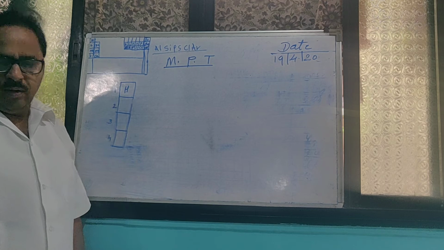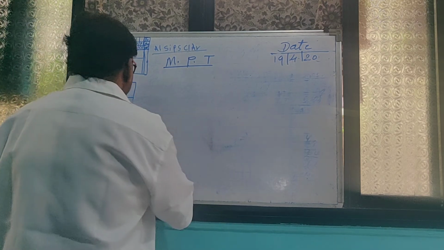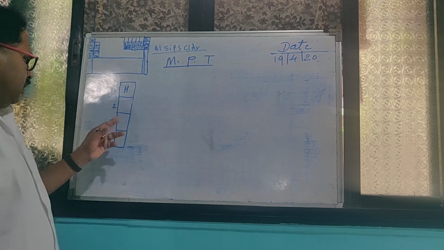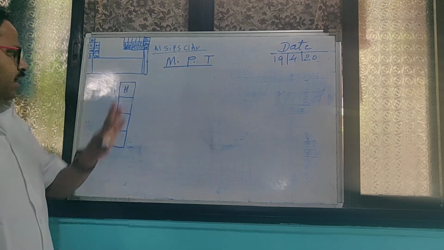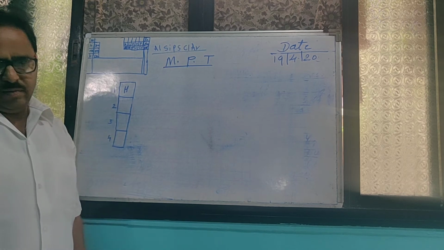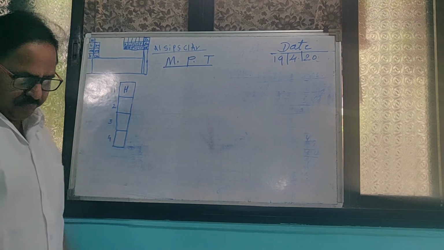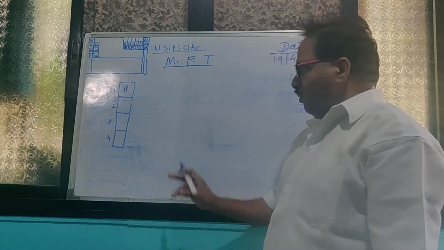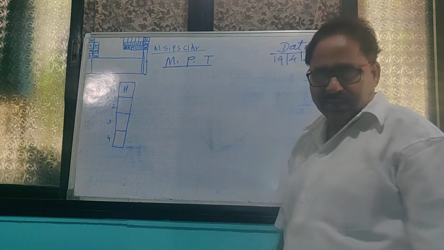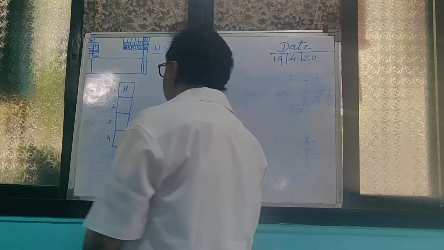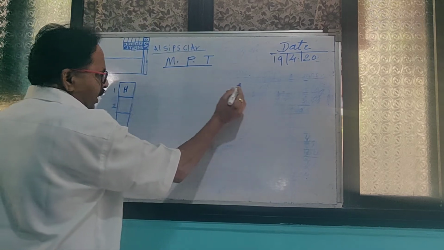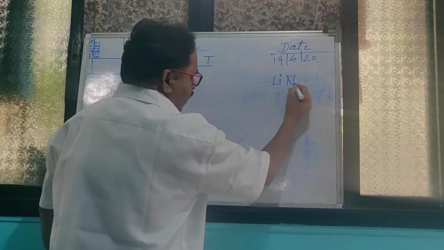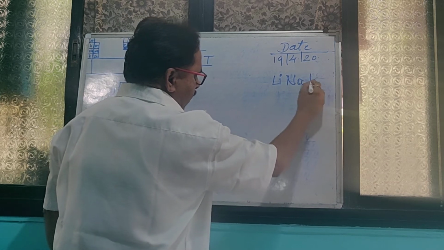Then, you remember Dobereiner's triads, and I told you one of the triads: lithium, sodium and potassium.